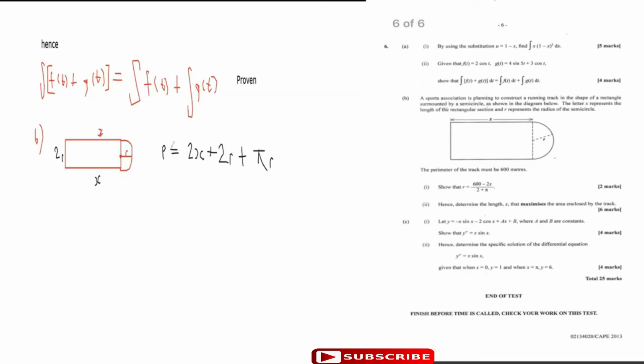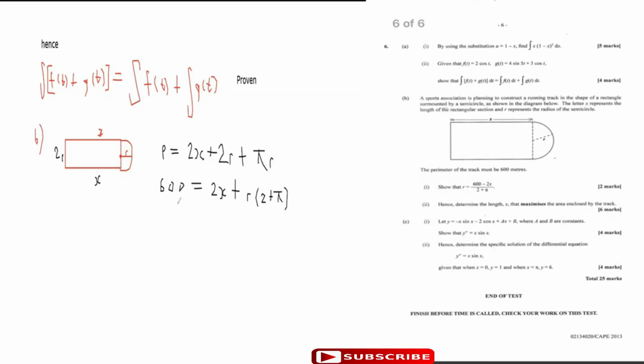Nice. If the perimeter is 600, then 600 is equal to 2x plus r times (2 plus pi), and then now we're good.